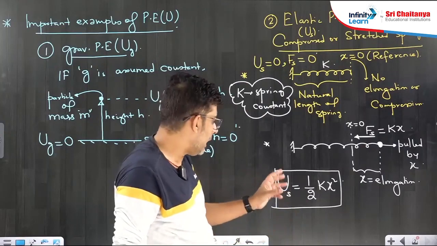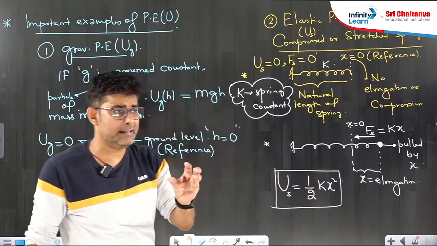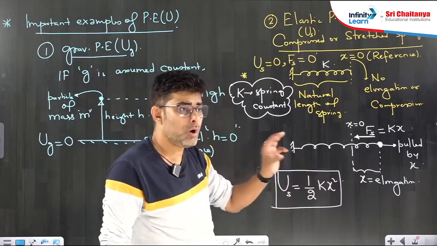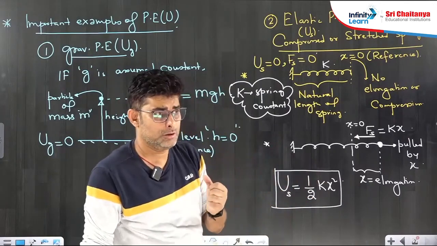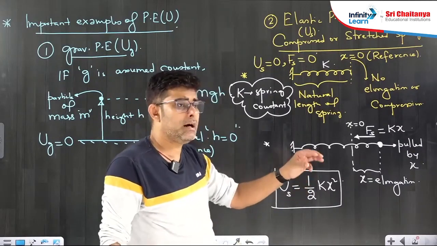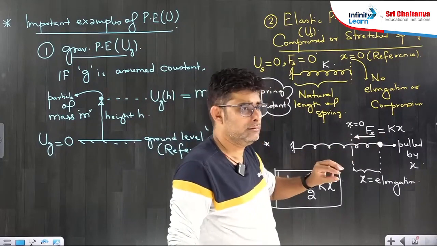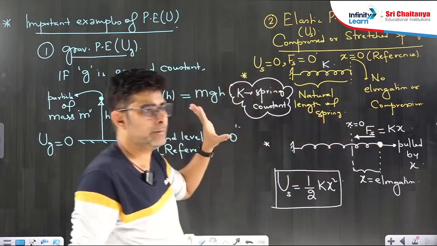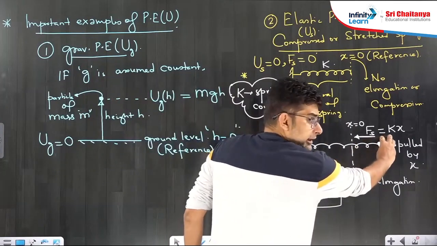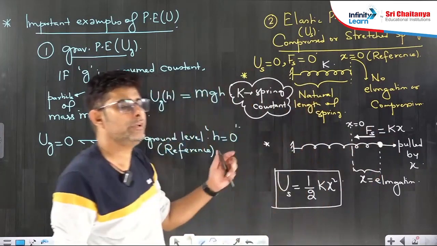Clear? Now understand this thing. If you want to know that this particular energy actually exists or not, what we can do is simply take a block, attach it over here in this position and leave the spring. What will you see?